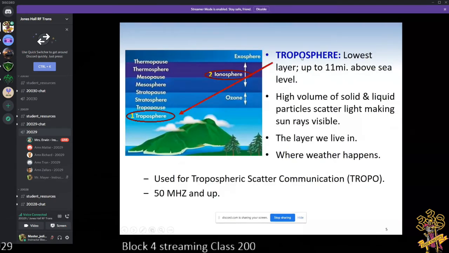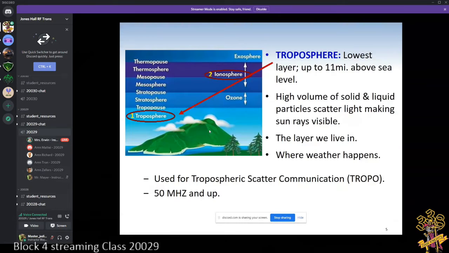The troposphere, the lowest layer, is where your weather is. So there's a high volume of solids and liquid particles, dust particles, pollution, moisture particles. That's the layer we live in, and it's actually used for a form of communication called tropospheric scatter, or tropo. We'll look at that a little more in a minute.